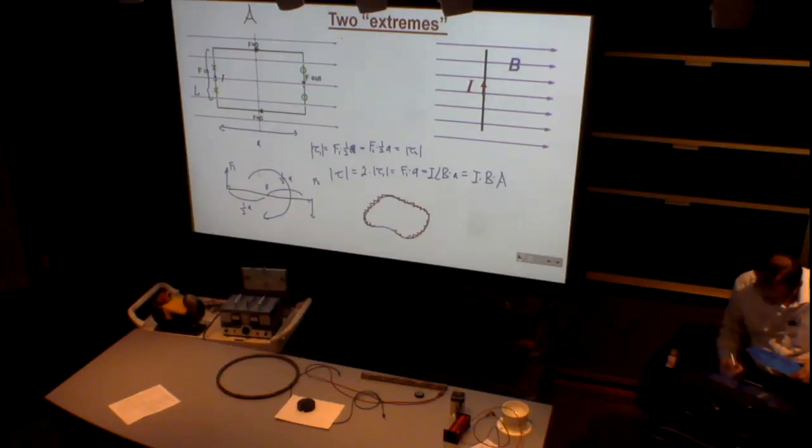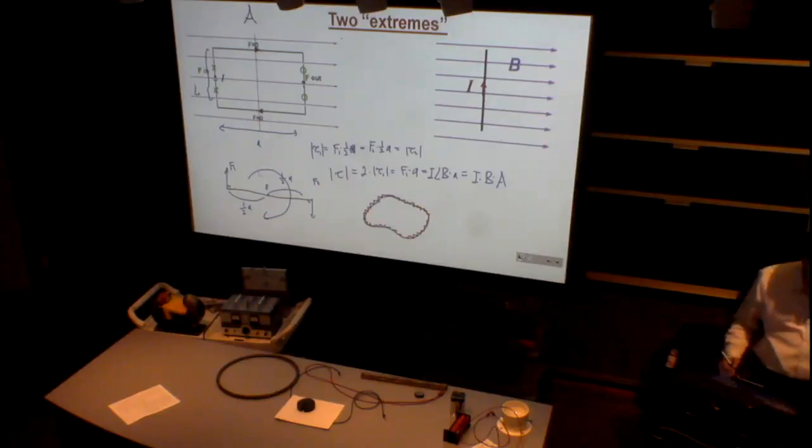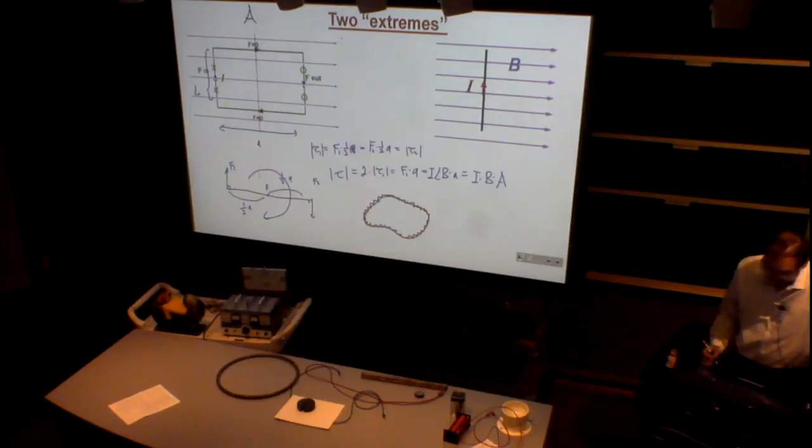Yeah, that takes a while. That's what physics is about. Imagining small things, big things composed of.